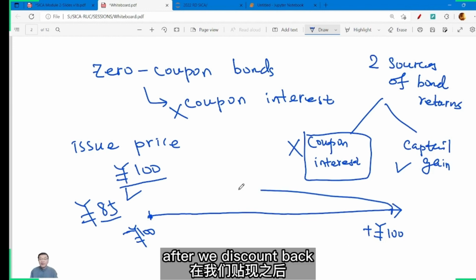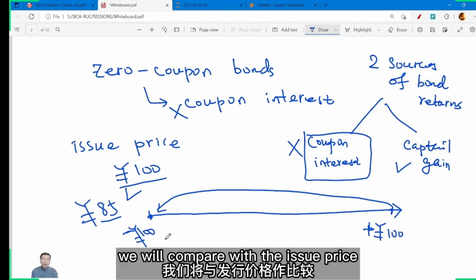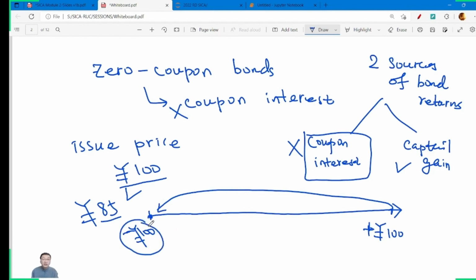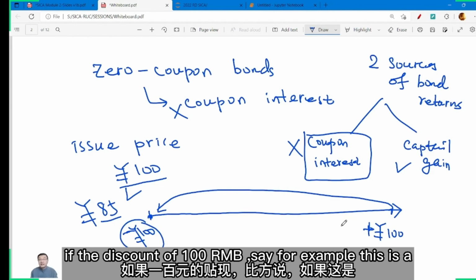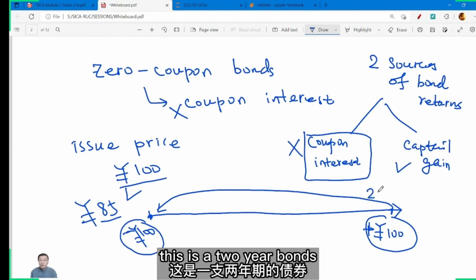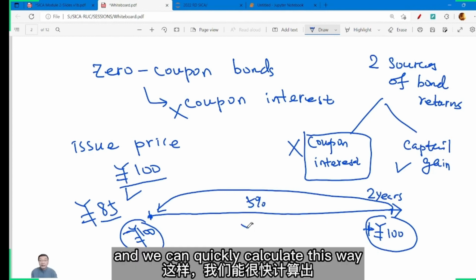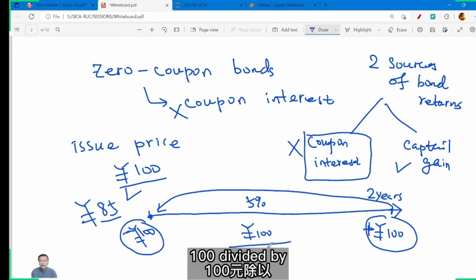So the determining factor is, after we discount back the face value of the bond, we compare it with the issue price. Say, for example, this is a 2-year bond, and suppose the market interest rate is 5%. Then we can quickly calculate this way: 100 divided by 1.05 squared.